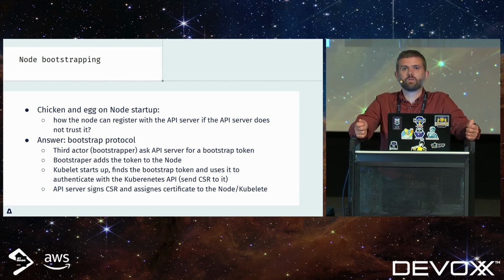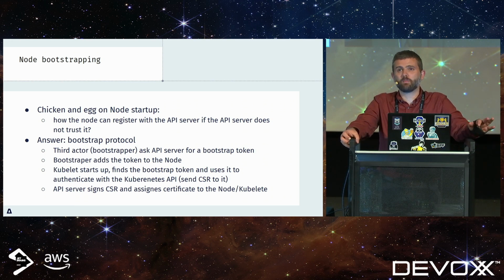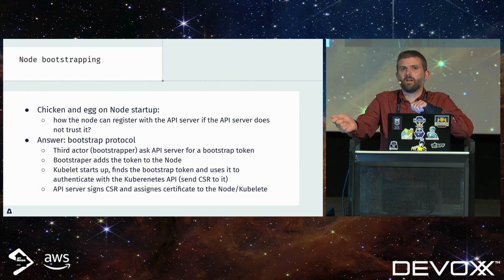If I have an API server which is running and I want to bring up a new node under Kubernetes, how do I assign a private key to the node and create a certificate which is accepted by the API server? And here is obviously a chicken and egg problem, because if the API server knew about the new node, there would be no need for registration, but there is no way it knew because we just decided that we want to bring it up.